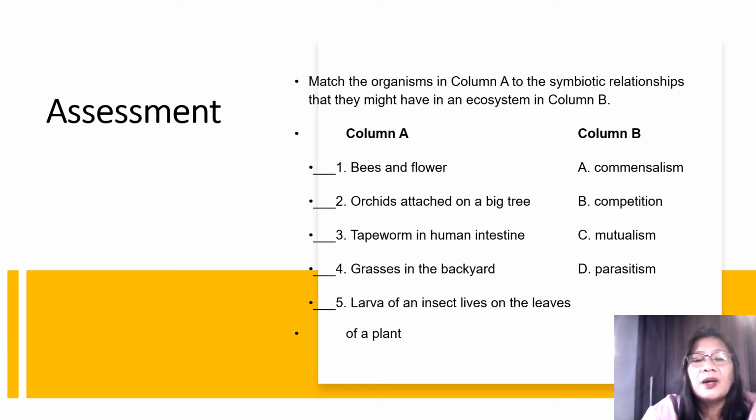Number 3, tapeworm in human intestine. Number 4, grasses in the backyard. And number 5, larva of an insect lives on the leaves of a plant. Okay, so what about column B? In column B, A, commensalism, B, competition, C, mutualism, and letter D, parasitism.